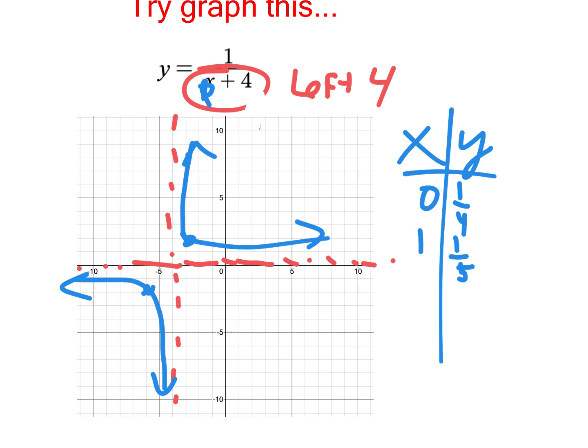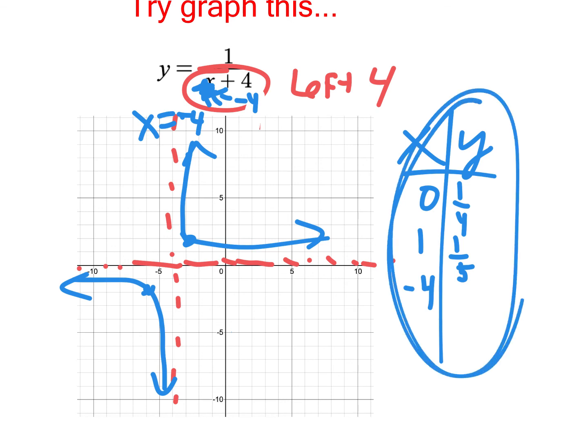Maybe I should put in like negative 4, and then I'll realize that's the asymptote. Because a negative 4 here would give you a 0 on the bottom, and you can't have 0 on the bottom. That makes the asymptote. So you can always make an XY chart to get your points. A negative 4 would have given you an asymptote.